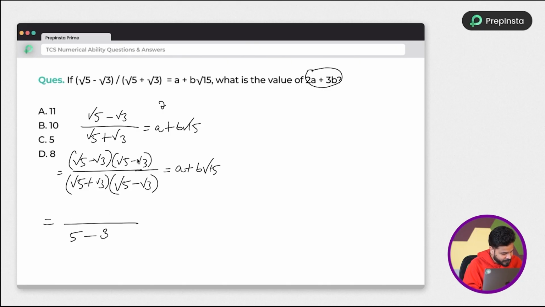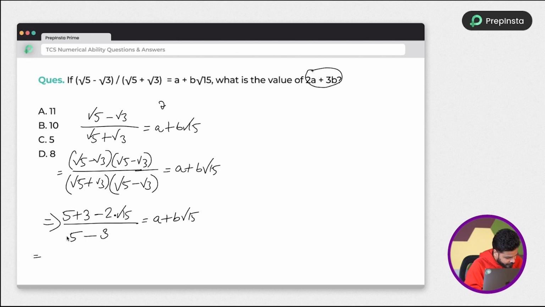What would this give me? (a minus b) whole square, right? That's what it is. So (a minus b) whole square is a square, that is root 5 whole square, which is 5, plus b square, where b is root 3 so b square is 3, minus 2ab. So ab is root 5 into root 3, that is root 15, is equal to a plus b root 15.